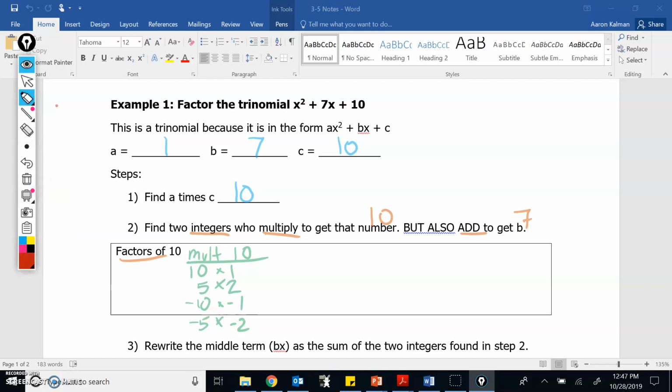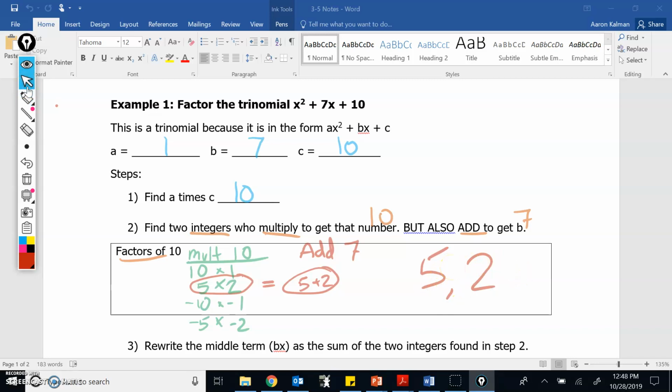But at the same time, which ones add to get our b value of a positive 7? And that is right here, 5 and 2, multiply to get 10, but also add to get 7. So we got our factors of a positive 5 and a positive 2.